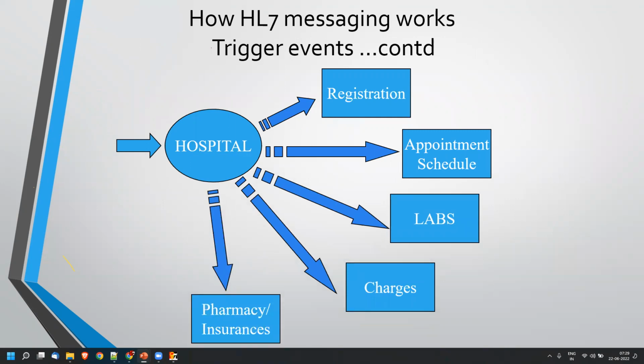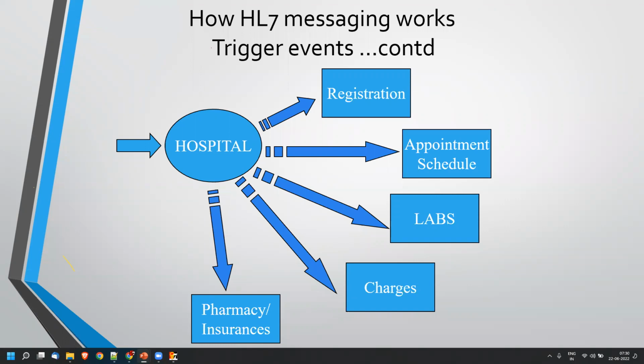You will have a couple of other sections as well, like pharmacies and insurances, but pharmacies and insurances are usually not dealt with HL7. We have something called e-prescription for pharmacies and X12 for insurance messages, which are two different standards altogether. Nowadays, people are using HL7 messaging for pharmacies as well.